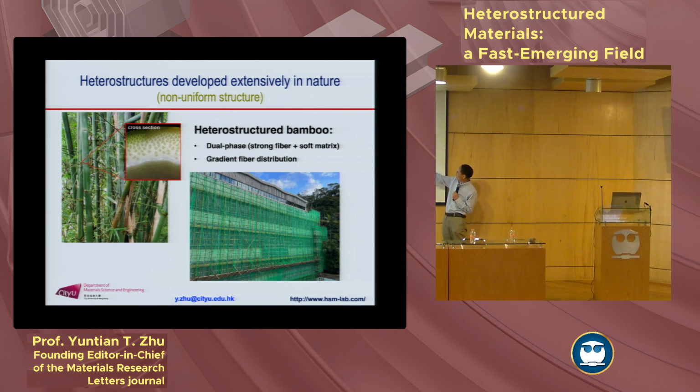See, my office is somewhere here. This is right outside of my office. If you look at the bamboo structure, it's a soft matrix with strong fibers inside. In addition, the fiber distribution has a gradient structure. So this is the heterostructure. It's not a uniform structure.